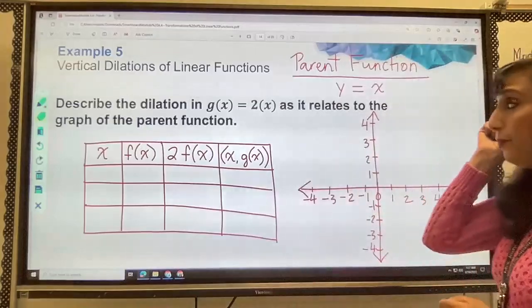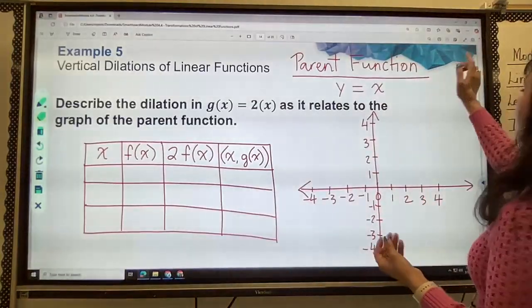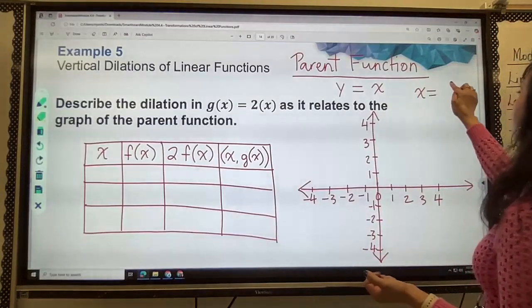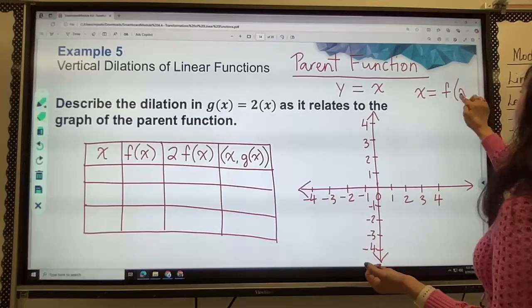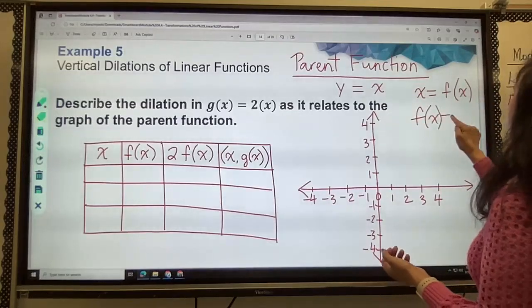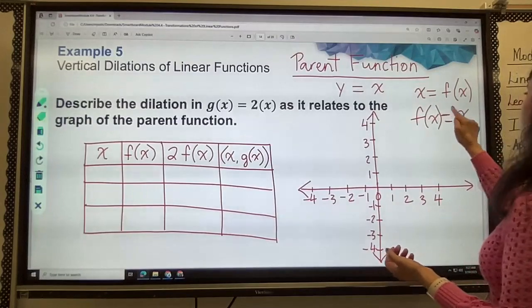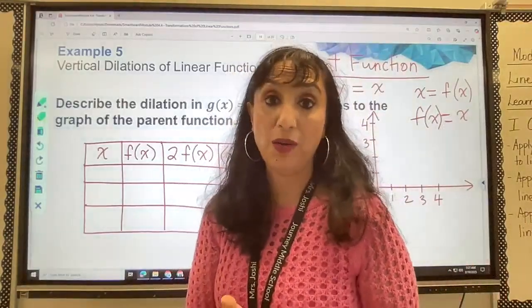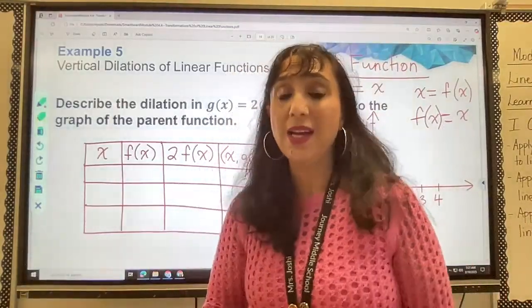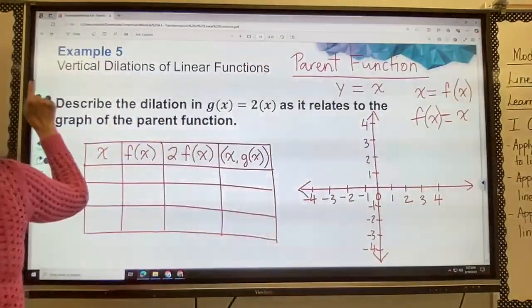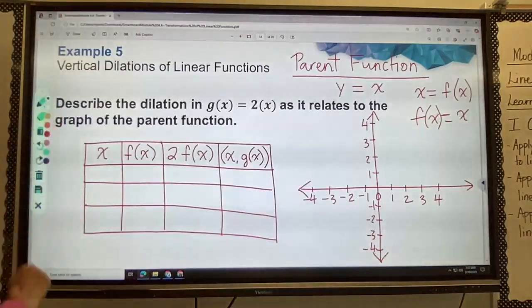So I can also write it like this. We have x is equal to f of x, or f of x is equal to x, right? So the input is equal to the output, and that's what we get, a straight line. And if I had to graph this, I'm just going to show you. Let me use the color black.